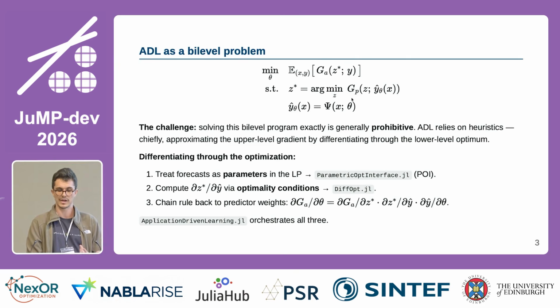And inside the model, you have the lower problem, which is your actual decision problem. So you are extracting an optimal decision from the forecasts. And of course, the forecasts come from the model parameters with probably some external, some exogenous variables, some data you use to train the model.